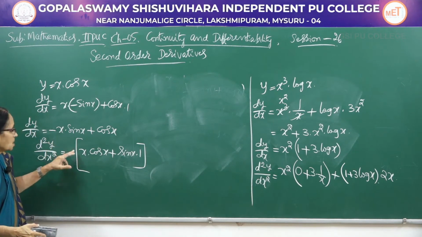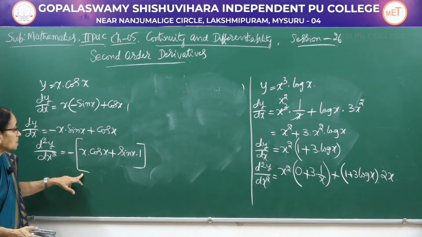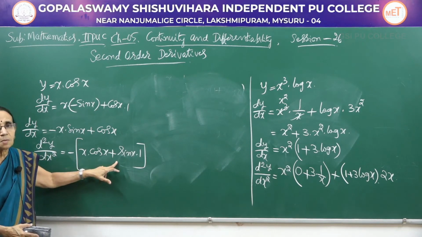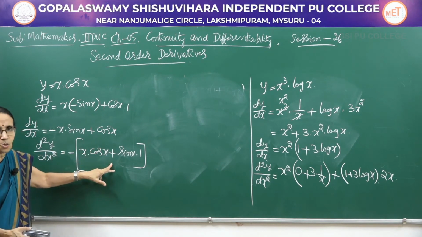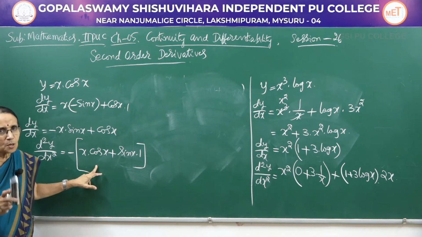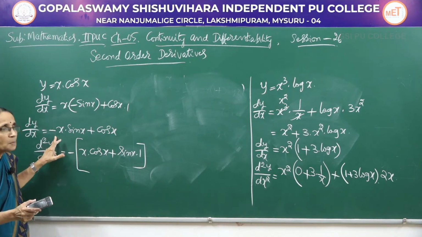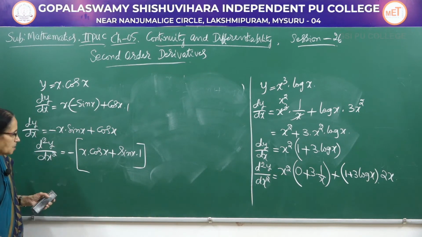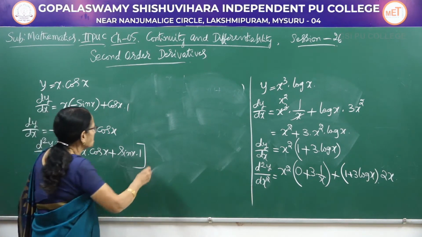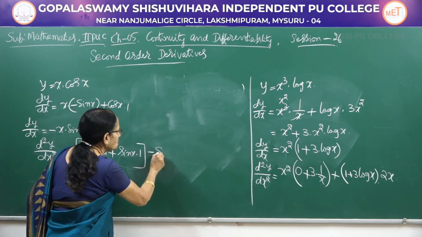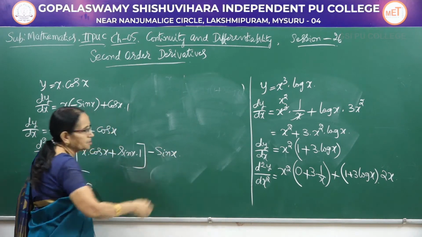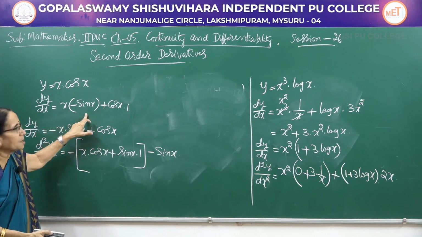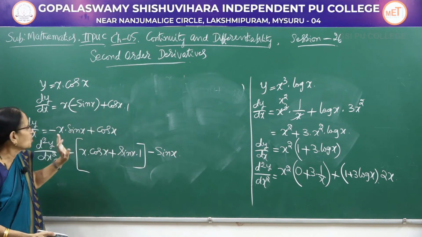If you don't write the bracket there, you will be multiplying only the first term by the negative sign, and the second term you may write positive. So whenever you are applying the product rule, there will always be two terms here. And when you have got a minus sign, remember both the terms should be multiplied by the minus sign. Now this cos x, when you differentiate, becomes minus sin x, isn't it? So minus of x into cos x plus sin x into 1, and then minus sin x for the last term, that is over.